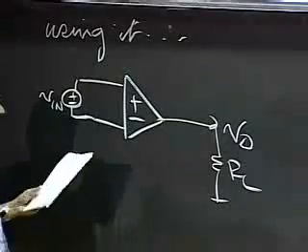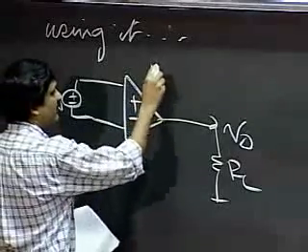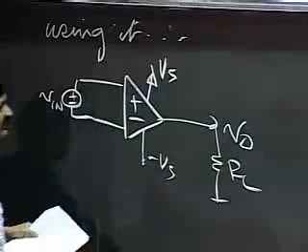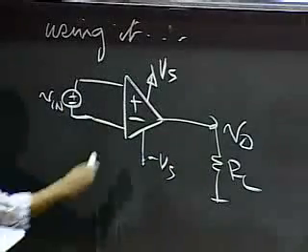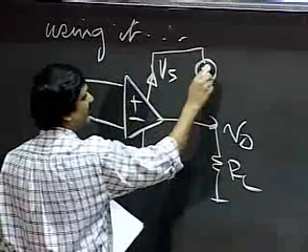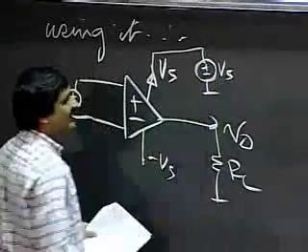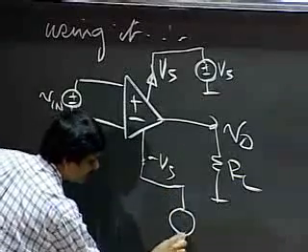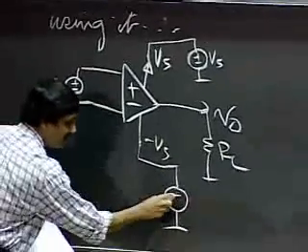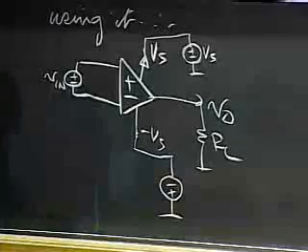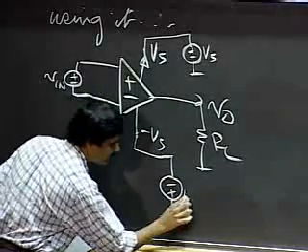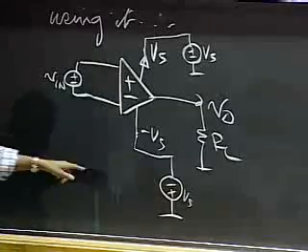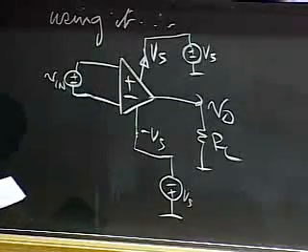Here I'm going to apply a plus Vs, and out here a minus Vs. Remember that a plus Vs simply looks like this, and a minus Vs simply looks like this. It's just an inverted Vs applied here, so I get a minus Vs at this input.